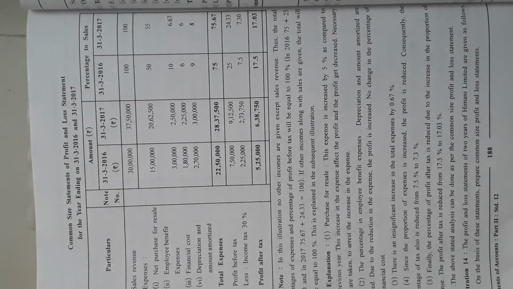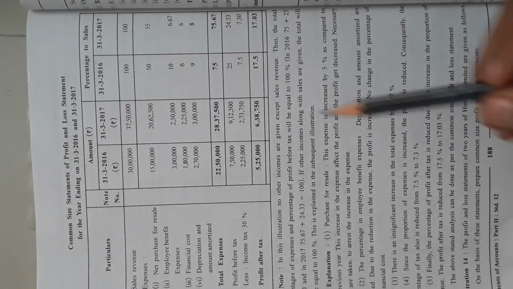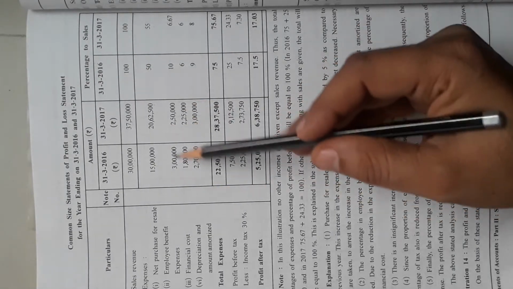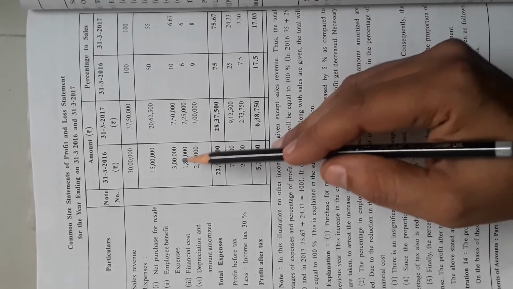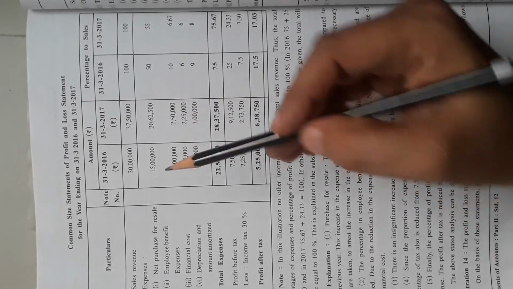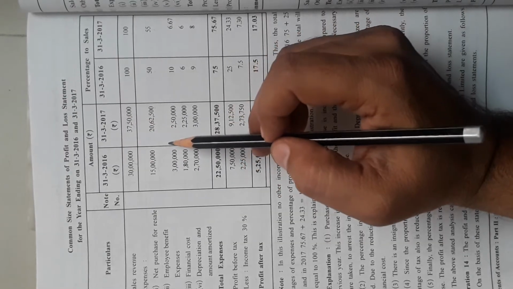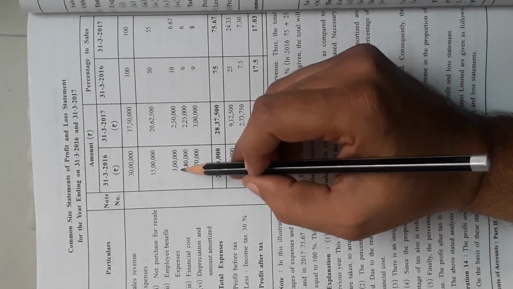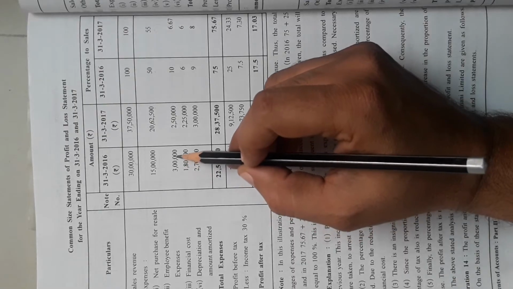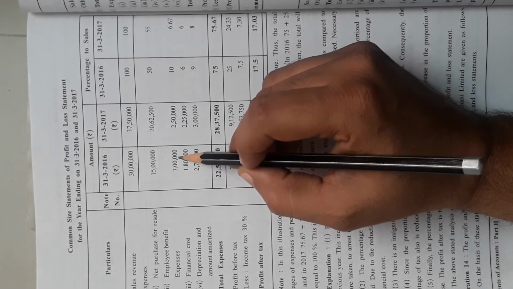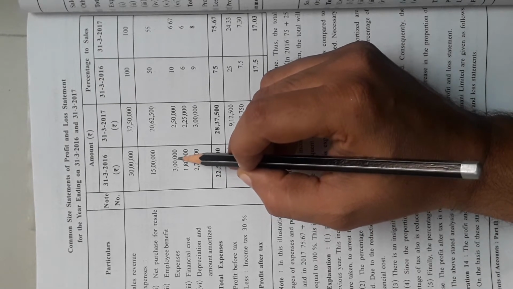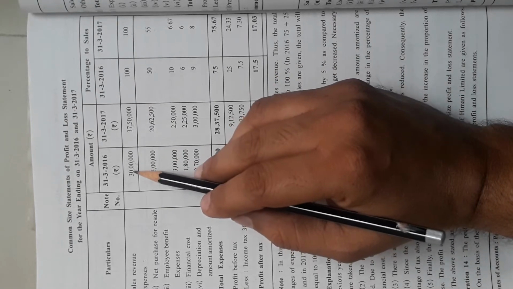This way, we have to solve the complete sum taking these figures, expenses for 2016 and 17, dividing by the respective year's sales into 100 for the percentage. Now, employee benefit expense 3 lakh. So 3 lakh divided by 30 lakh into 100.